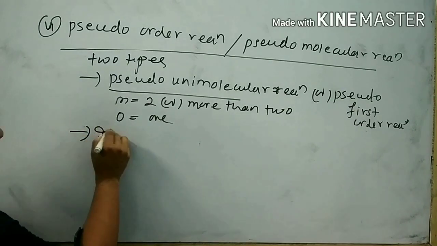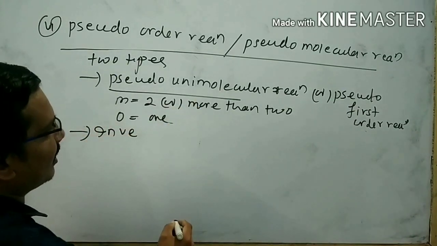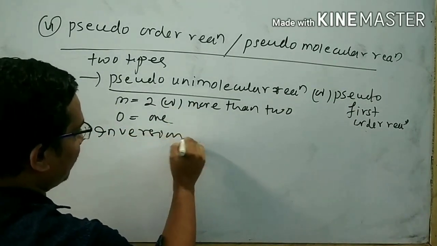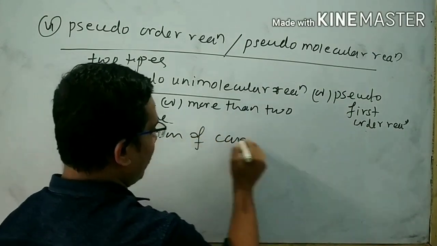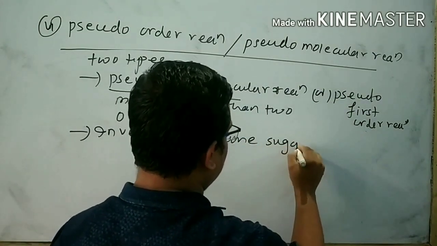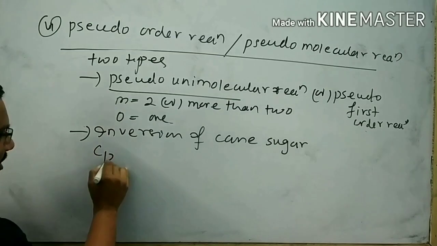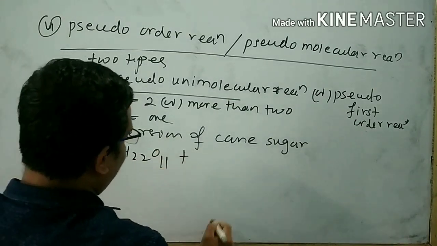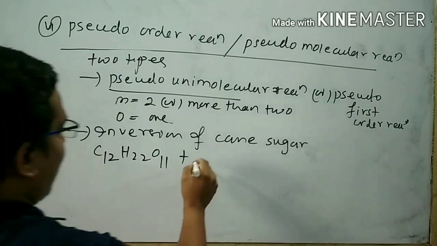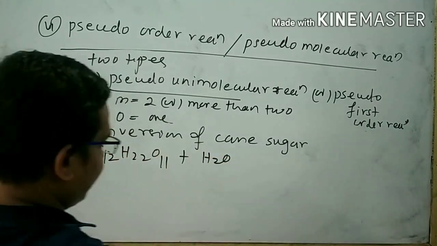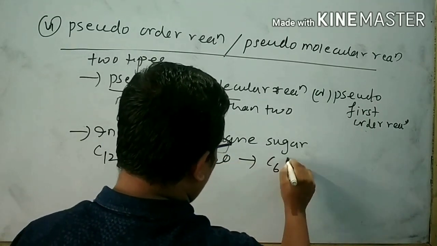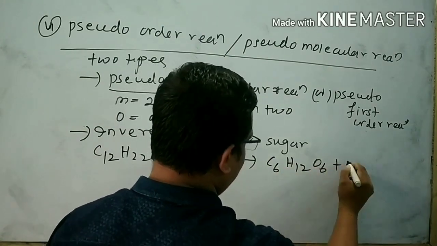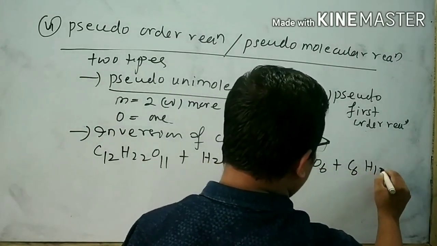Similarly, I will take another example of pseudo unimolecular reaction, that is the inversion of cane sugar. The formula of cane sugar is C12H22O11. When subjected to hydrolysis, glucose and fructose are formed.